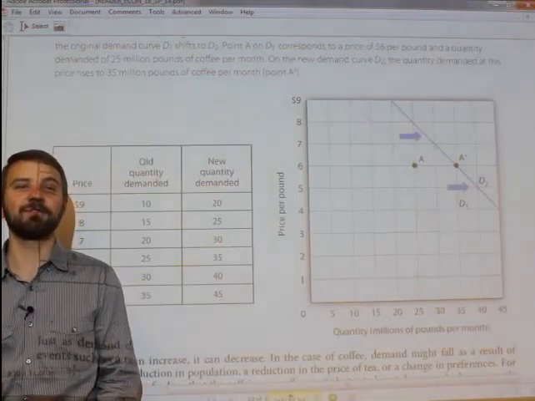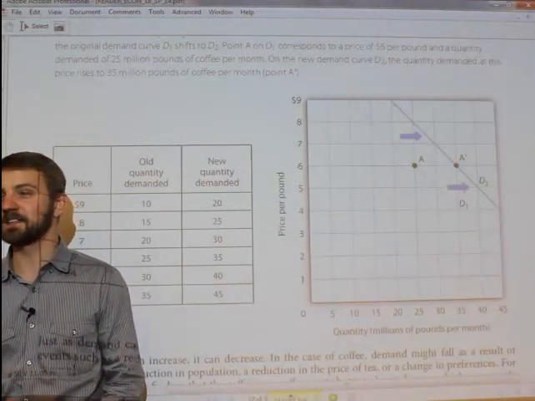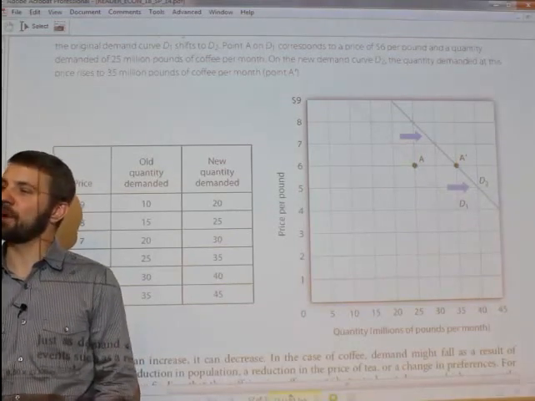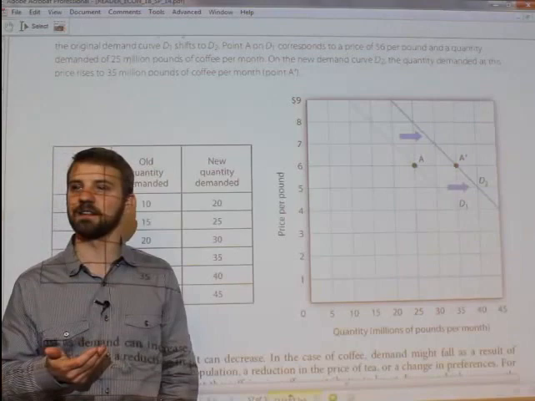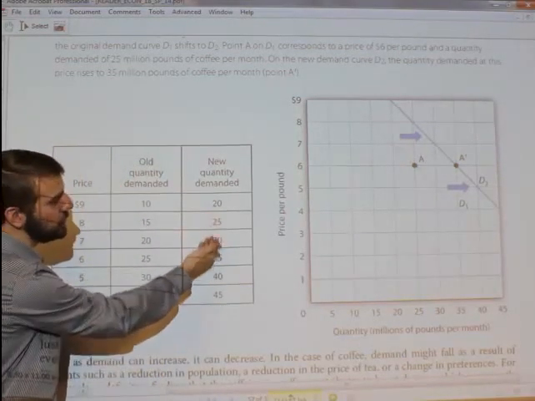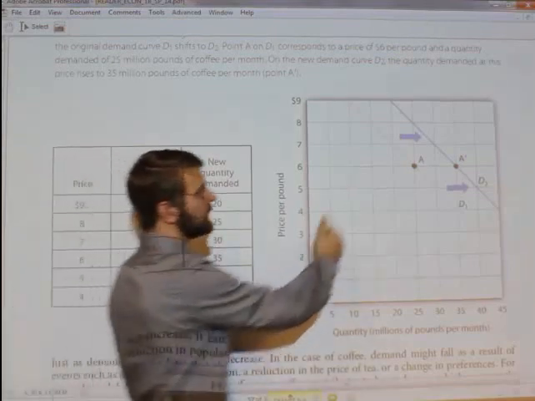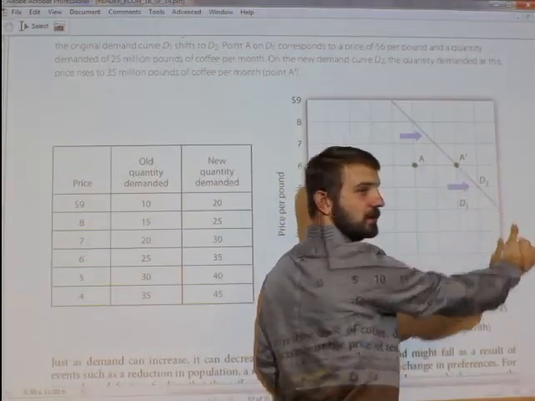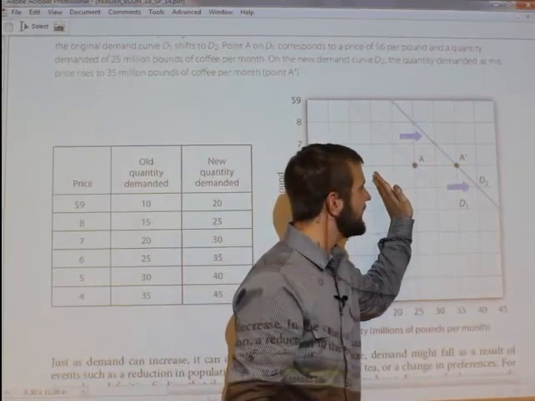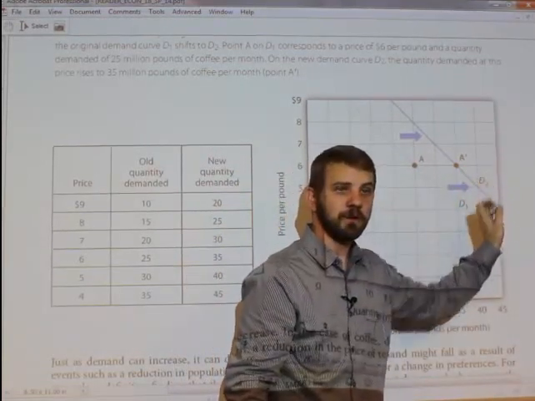So now you can't even find this old, even McDonald's now has better coffee, right? So there's a change in preferences, perhaps, that explains this. And this is a shift, because if we plot this new demand schedule, we're going to get a totally different curve. So the change in preferences caused demand to shift, right?